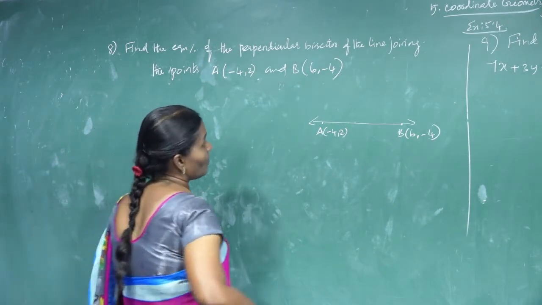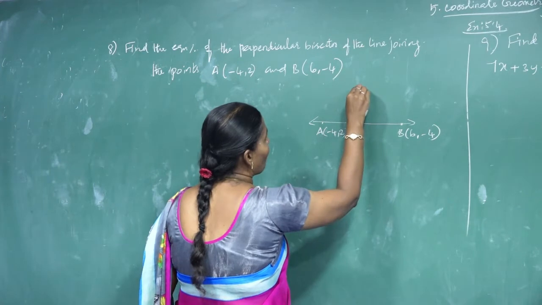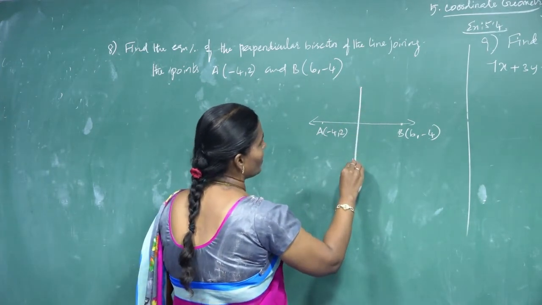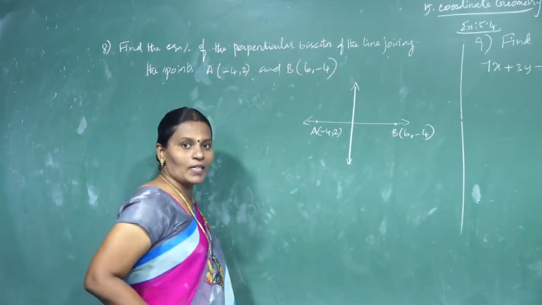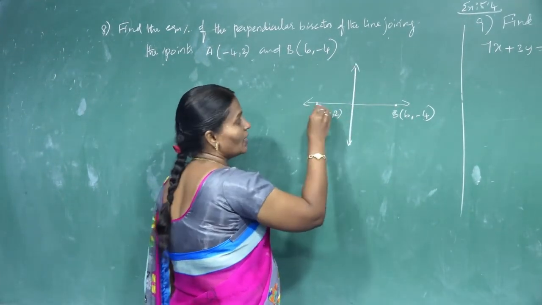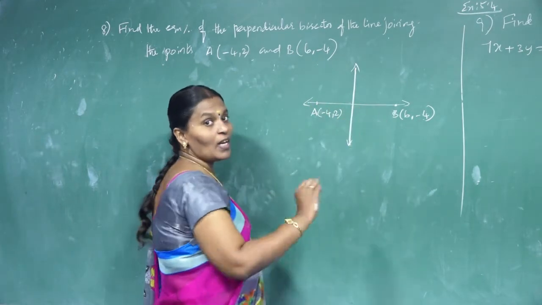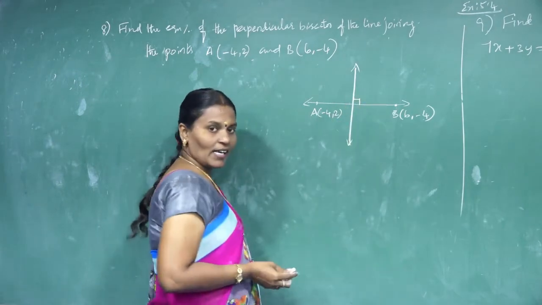Then find the equation of the perpendicular bisector. So what is meant by perpendicular bisector? Perpendicular bisector means divided into 2 equal halves and meeting at a right angle.